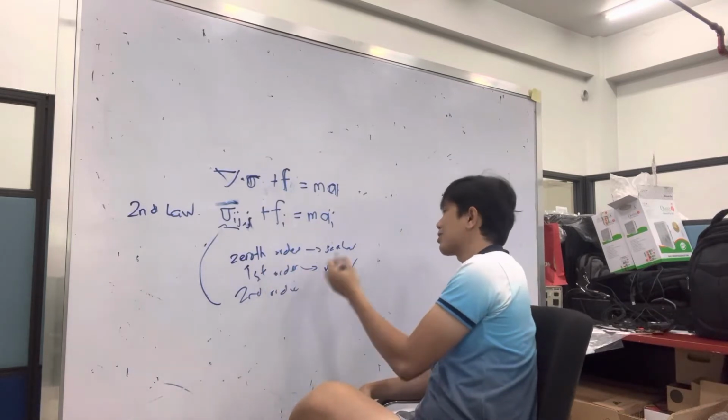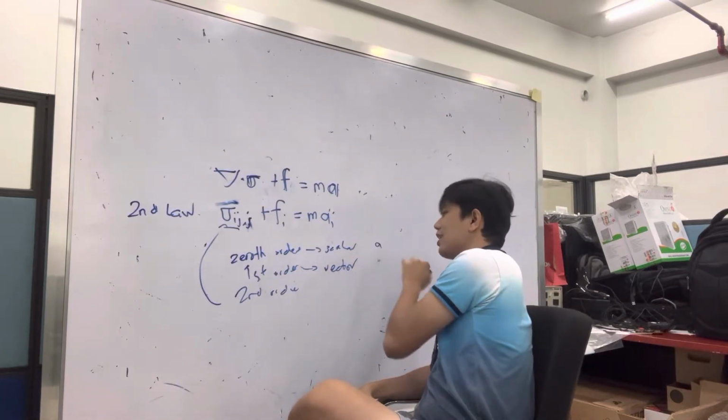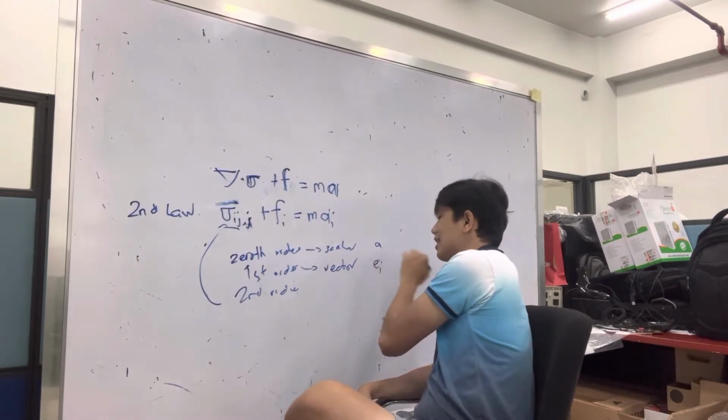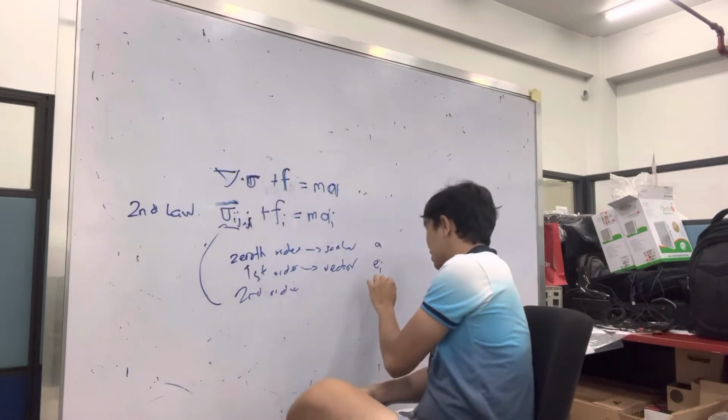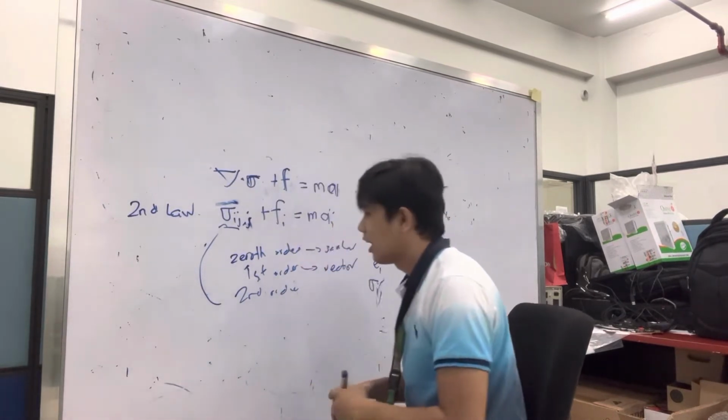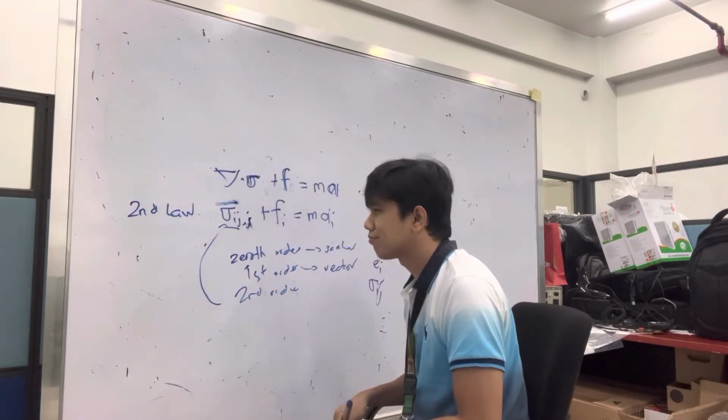If zeroth order, any constant A. First order, we can treat it as e i. Then second order, sigma ij. Then third order, fourth order.